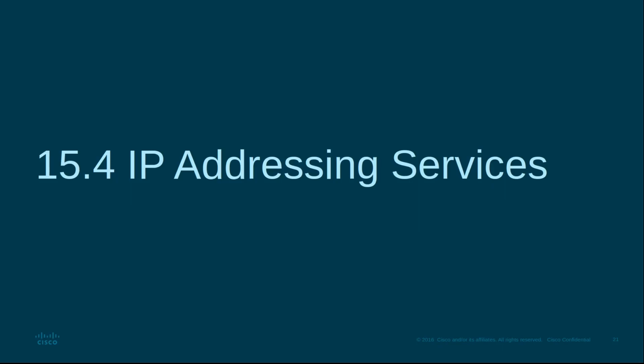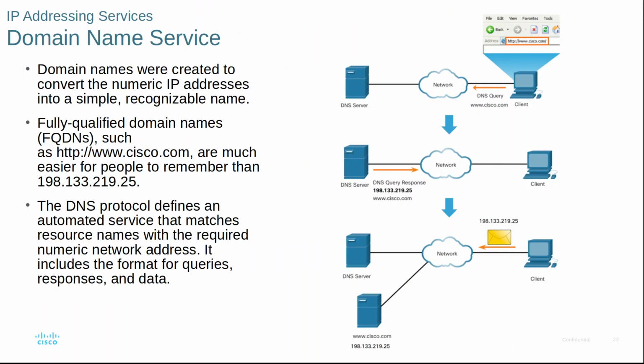Now we're going to look at IP addressing services, which we've talked about a little bit already, but we're going to talk about a little bit again in some cases. We talked about DNS, right? DNS is the Domain Name Service that's responsible for converting between IP addresses and domain names, fully qualified domain names, FQDNs.